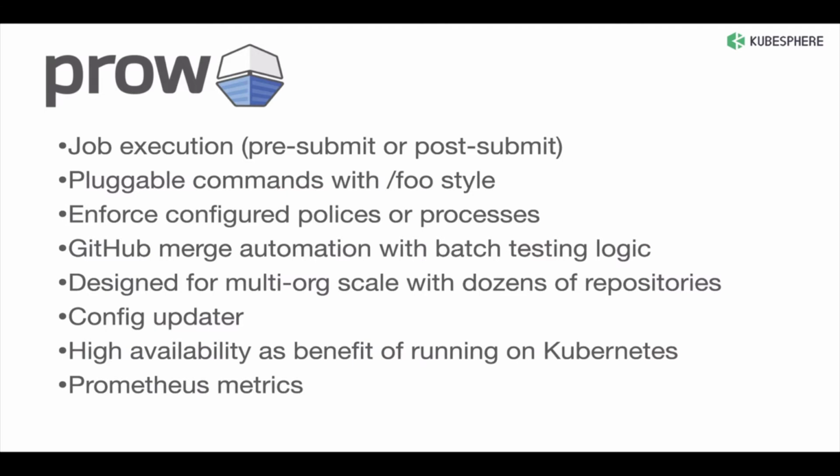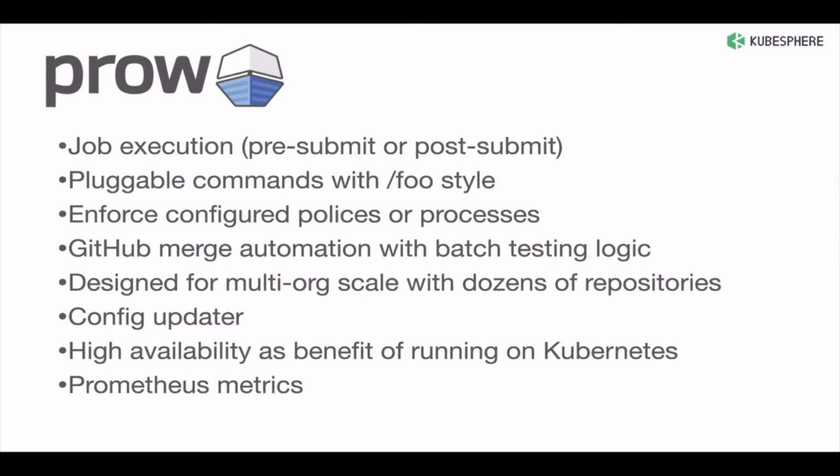Designed for multi-org scale with dozens of repositories. Many teams have a lot of repositories, even across several orgs, so this is very convenient for a big team. Config updater. This plugin can help us update the configuration of Prow. It is very convenient.